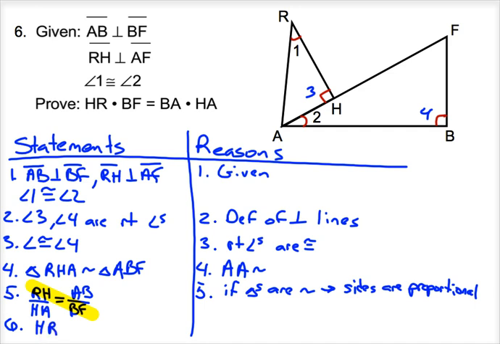So HR times BF is going to equal, and if I cross multiply the other direction, I'd have HA times AB, which is pretty much exactly what they want in my proof statement, except the order is reversed, but I'll rewrite it the way they want, which is BA times HA. I'm really just cross multiplying, which was the means equal the extremes. And there's my final statement.